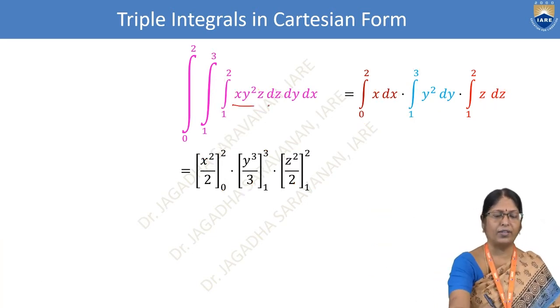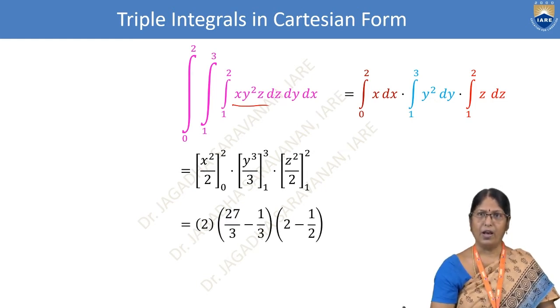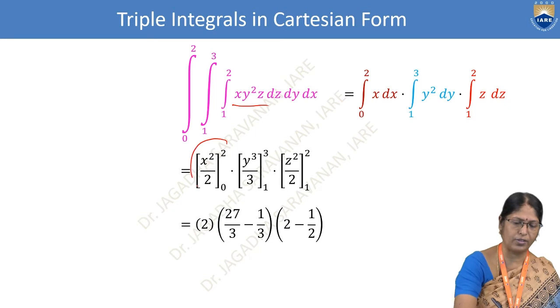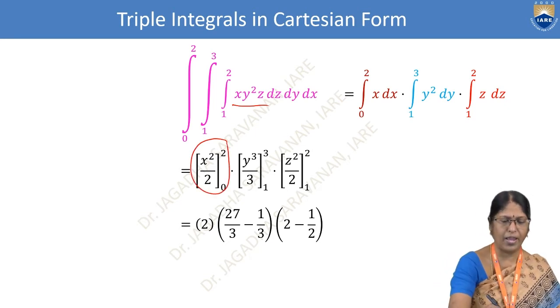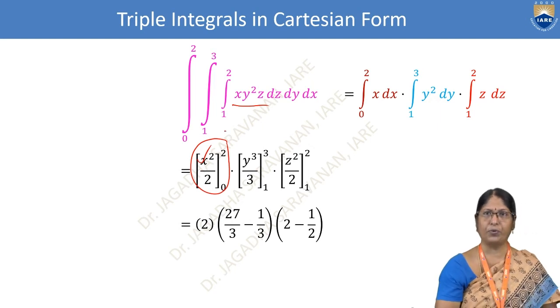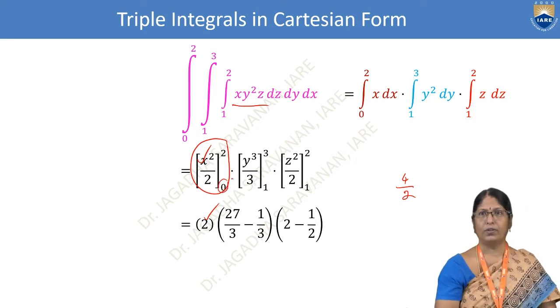So this is also a very easy way to integrate if the function is in explicit form. Now first we are applying the limits. In the place of x we substitute, we got 4 by 2, that is written here, 2. The lower one is 0, so we didn't write it.